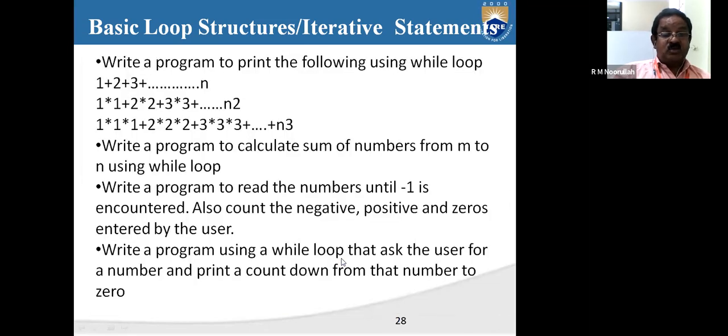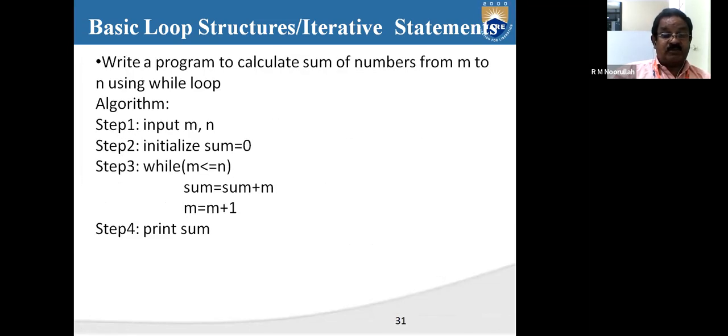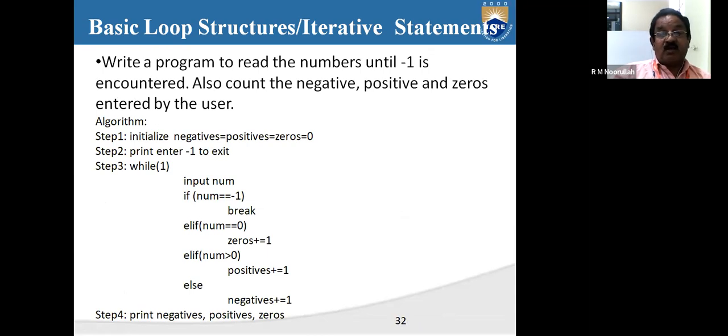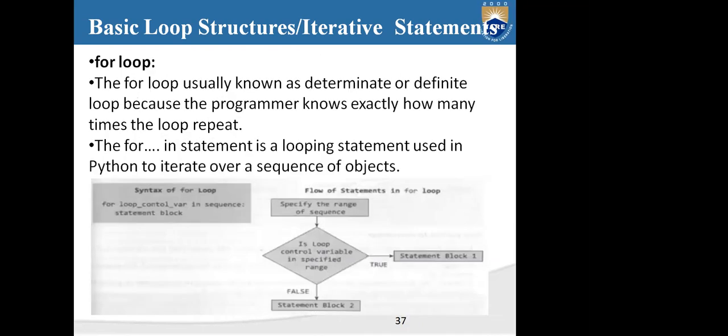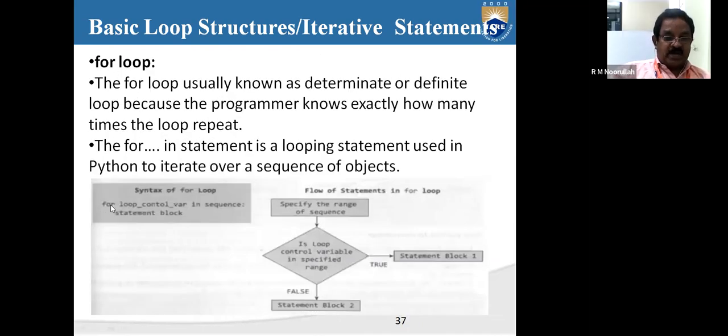Whereas you can make use of all five types of data types in the case of the for loop. So here: for loop control variable in sequence, where the sequence may be any of the five mentioned. The variable may be i or year or number or whatever identifier you give.